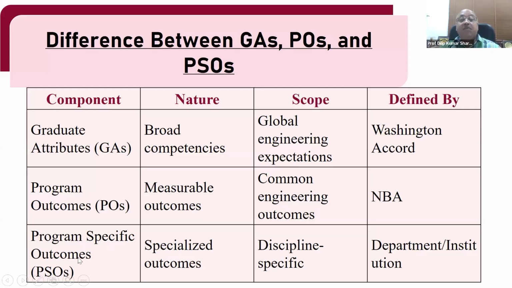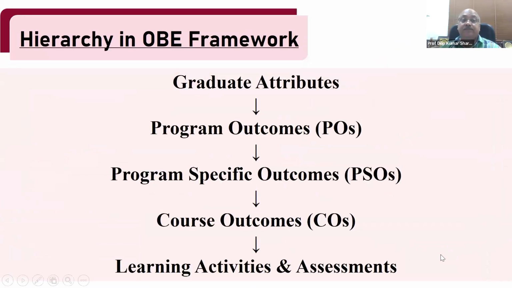Then we have the program specific outcomes. They are specialized outcomes, discipline specific, and they are formed by the institute, like the department HOD in consultation with the faculty members, in consultation with the industry, in consultation with what you want for your specific students, and they must also be mapped. So what is the hierarchy of the OBE framework?